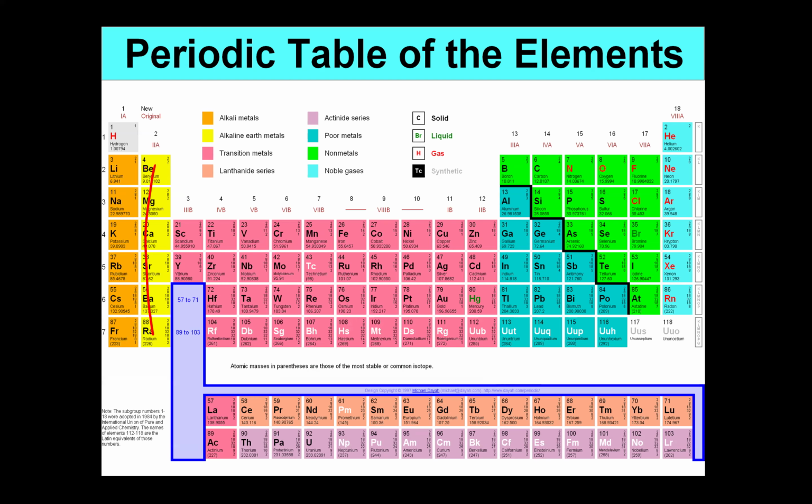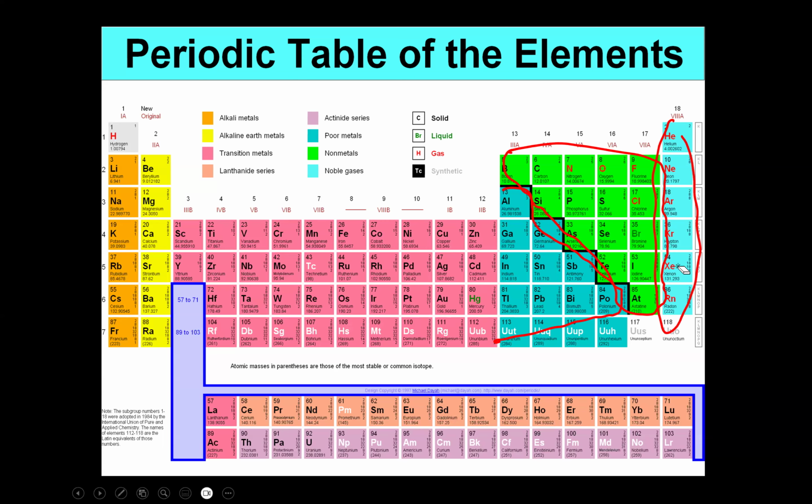This color is alkaline earth metals. This color is transition metals. This color is poor metals. This color is non-metals. And these colors are noble gases.